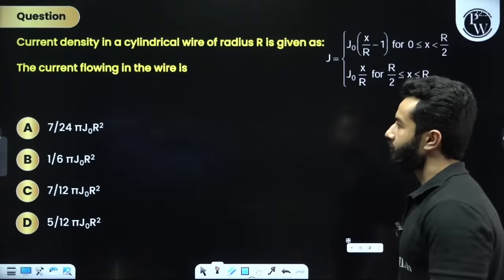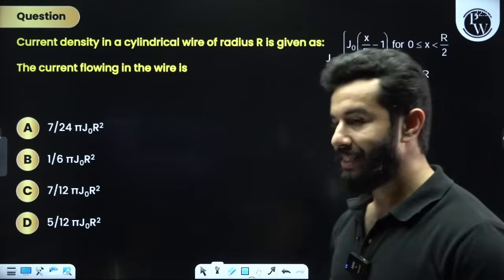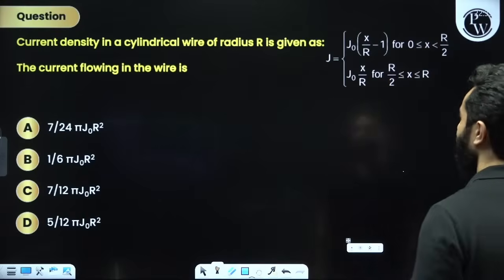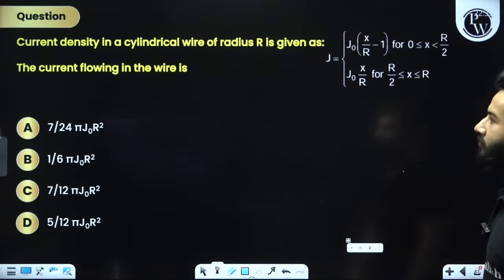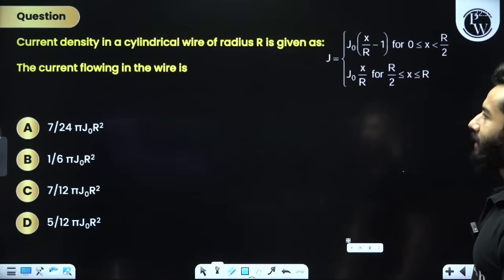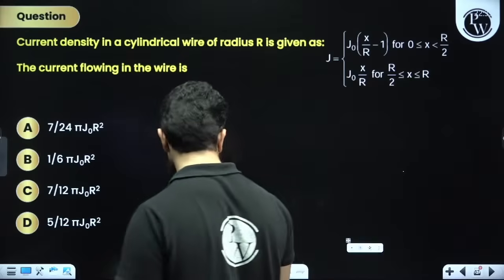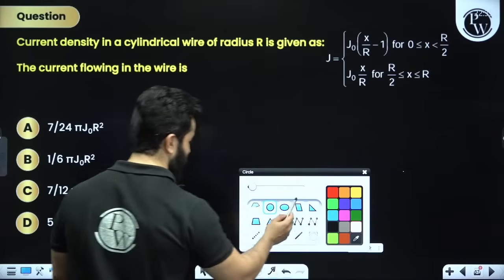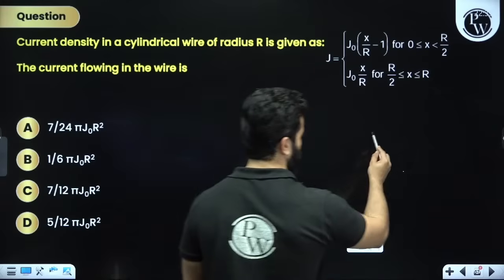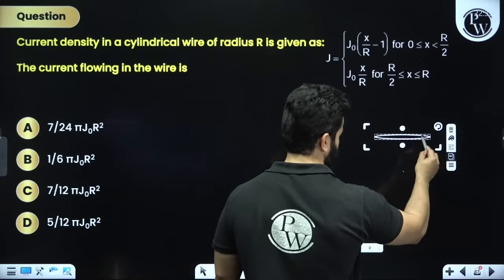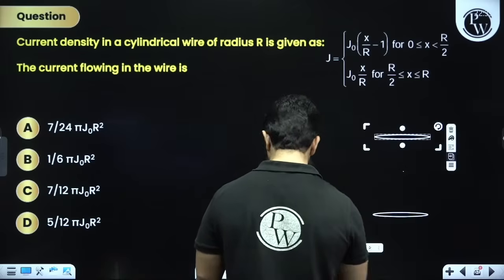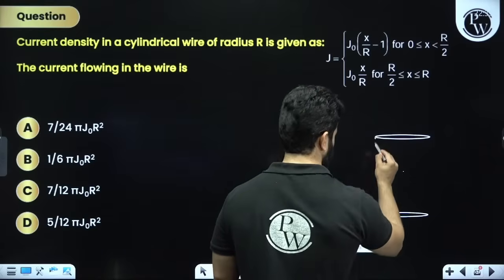Next question. Current density in a cylindrical wire is given by this. The current flowing in the wire is. This is the next question. Let me explain this question to you. See, obviously we talk about cylindrical wires, right? We always talk about cylindrical wires and they are going to look something like this.